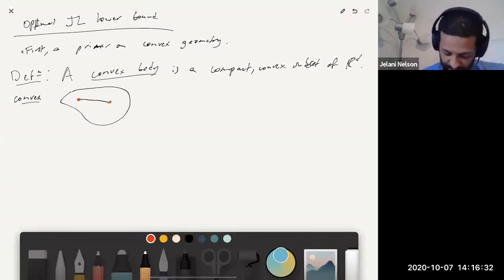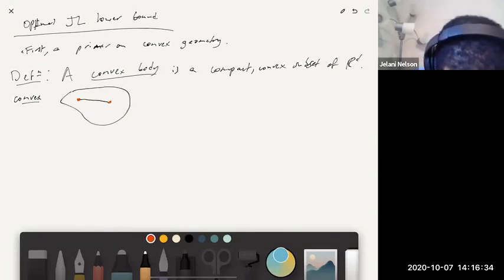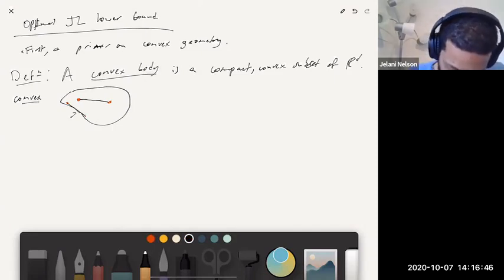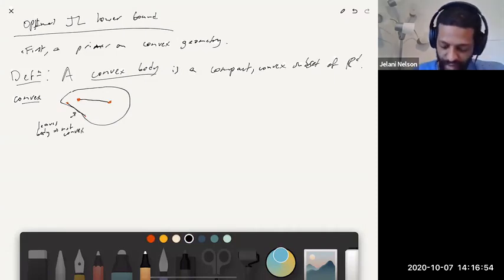So in particular, I think this might not be convex, because if you look at maybe this point and this point, that line does seem to leave the body a little bit. And then compact has a more general definition.